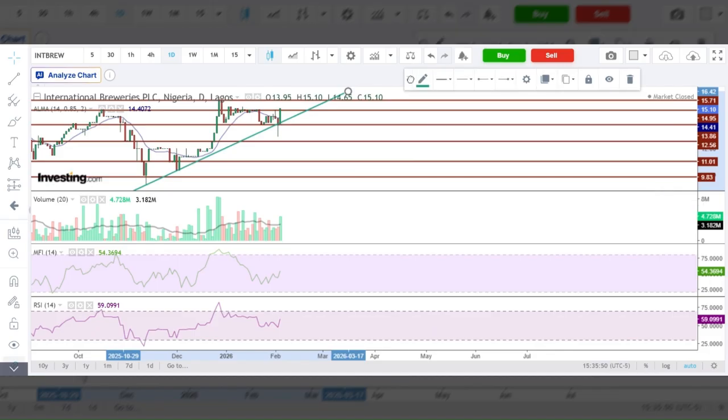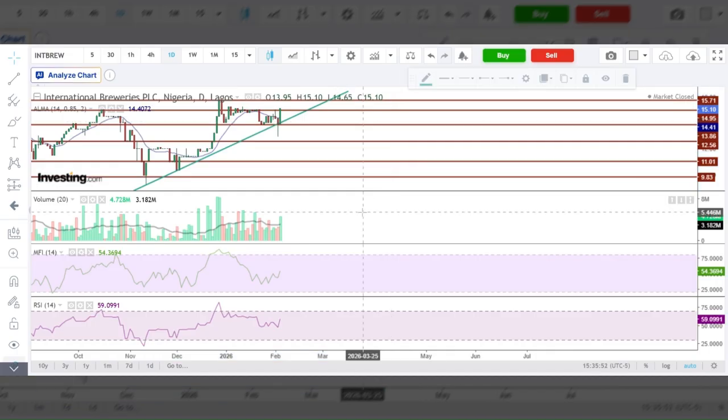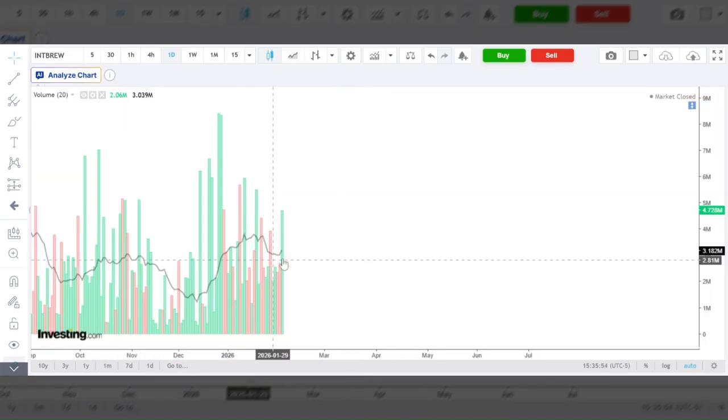You can see the volume is positive. It crosses our black line here. As you can see, it's 4.72 million volume traded, and it has crossed our line, which is 3.182 million. Okay, which is good.